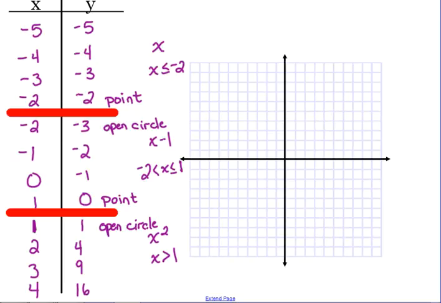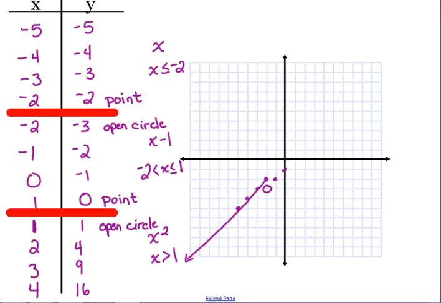Okay, so negative 5, negative 5, negative 4, negative 4, negative 3, negative 3, negative 2, negative 2 is a point. That's where we stop, and we continue our line to the left. Negative 2, negative 3 gets an open circle.